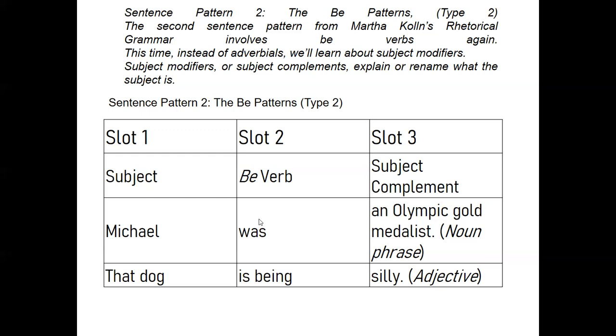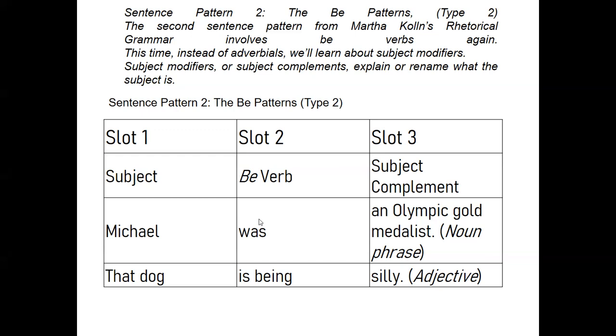Joshua is not being an obedient child. Joshua is the subject, is is the be verb, and not being an obedient child is the subject complement. It is still a subject complement, though it is negative. Okay? So I hope everyone got the subject complement.